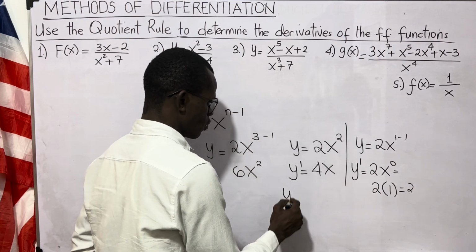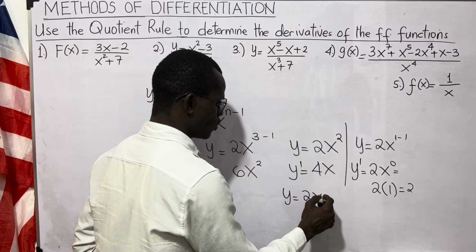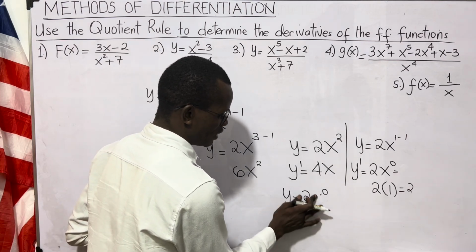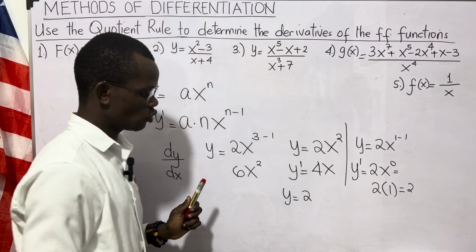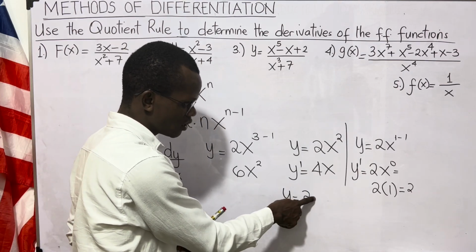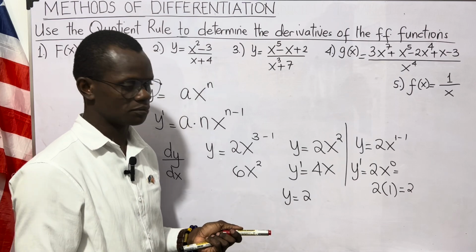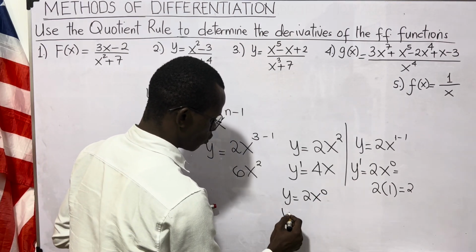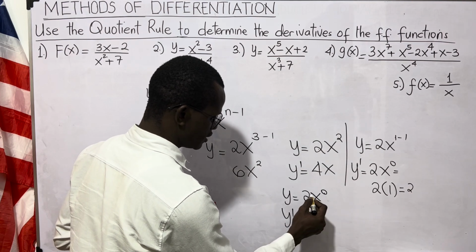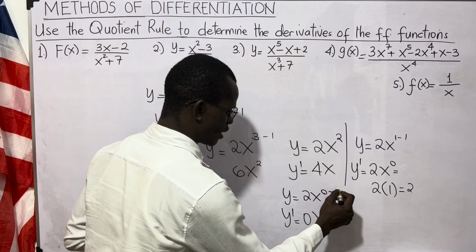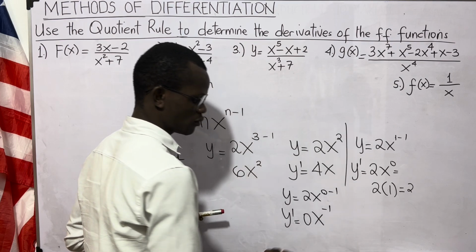What if it was y equals 2x raised to the power 0? Now, 2x raised to the power 0 implies 2. So whenever you see any constant, it means a variable is attached to it, but that variable is raised to the power 0. So this now will give us y prime to be 0 times 2, which is 0, and x is raised to the power negative 1.